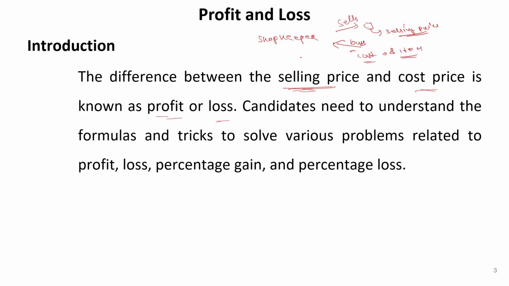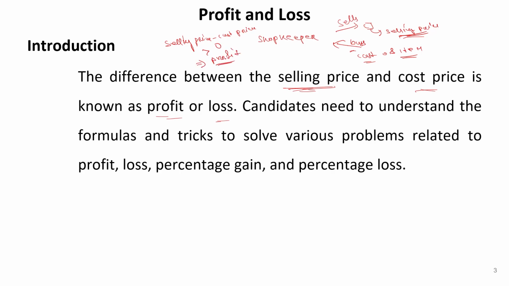The price at which a shopkeeper buys the item is the cost price, and the price at which he sells the item is called the selling price. If he is selling for more than the cost of the item, then selling price minus cost price is greater than 0, which implies profit.